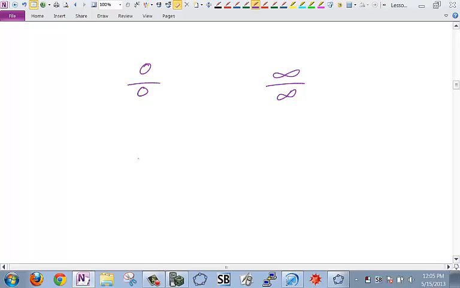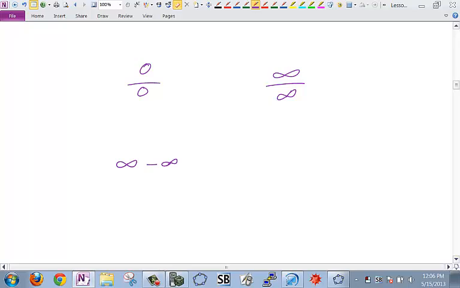Here's another type of indeterminate: infinity minus infinity. What's infinity minus infinity? A lot of people want to say 0, but you can't think of this as something that is infinity. Infinity is not a number. You instead have a function that is approaching infinity minus another function that is approaching infinity.